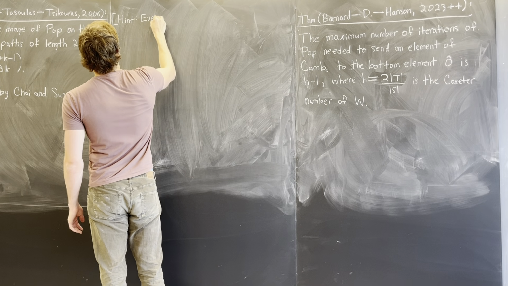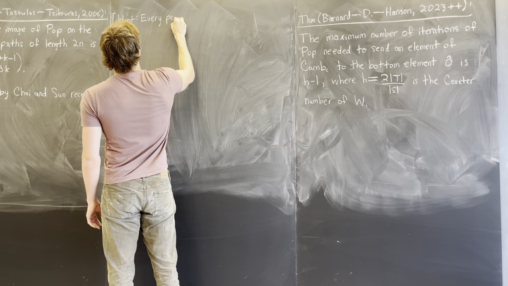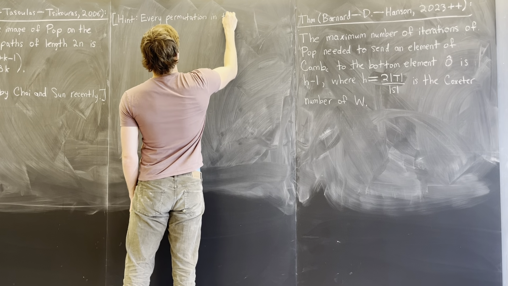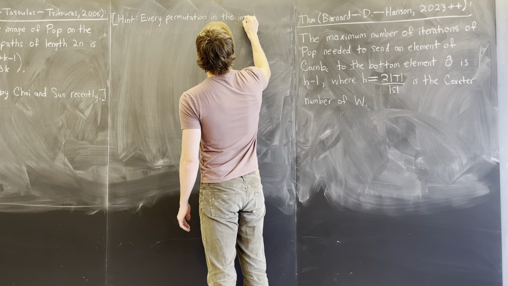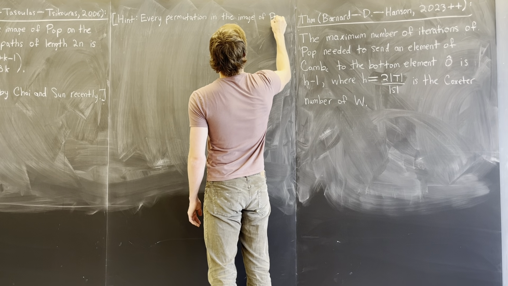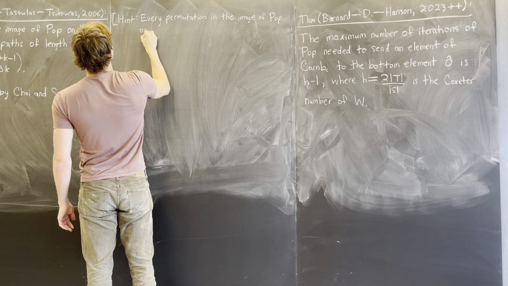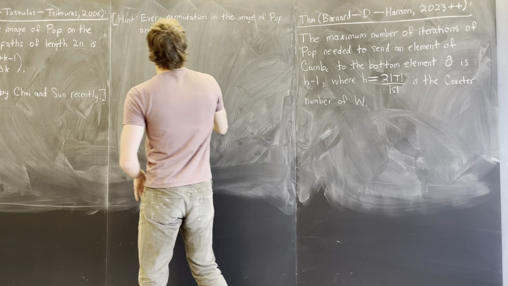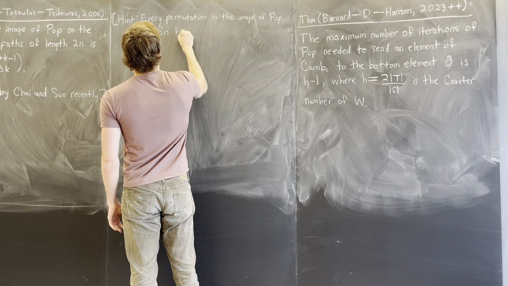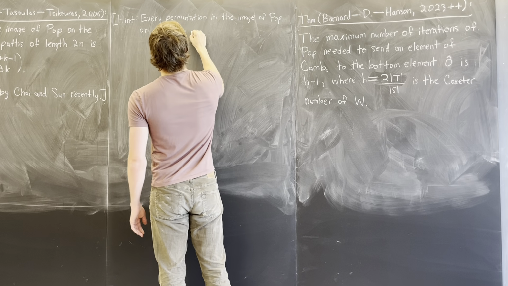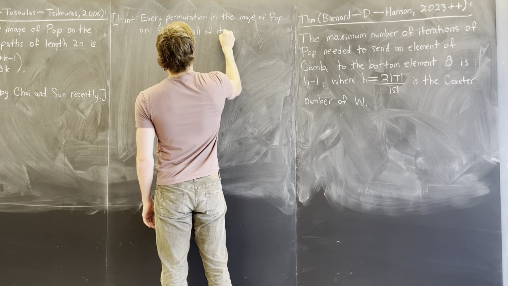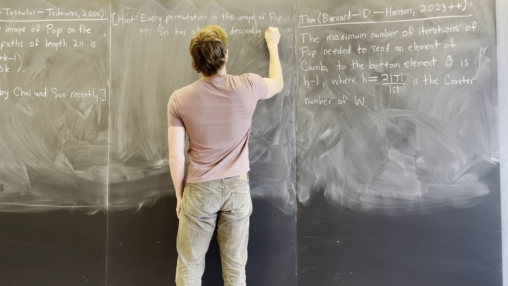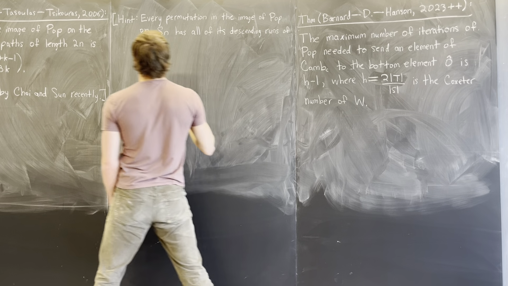Every permutation in the image of pop on Sn, on the weak order on Sn, so this is the original pop stack sorting where you reverse the descending runs, has all of its descending runs of size at most 3.